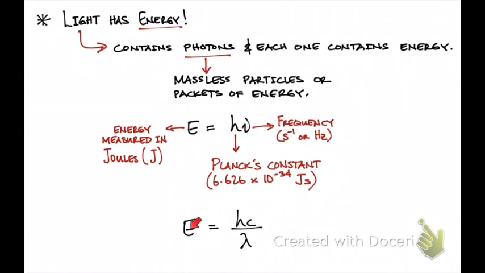Whereas in this equation, as the wavelength of light increases, the energy of light decreases, because you're dividing by the wavelength. So we have Planck's constant again. So E equals Planck's constant times the speed of light divided by the wavelength of light. So again, the wavelength has to be converted to meters first. So if you were given the wavelength in nanometers, you have to convert that to meters first before plugging it into this equation.